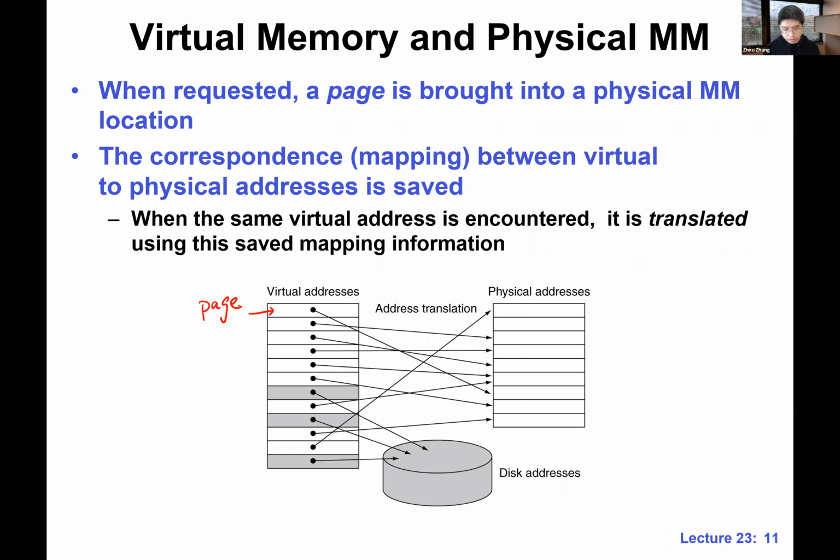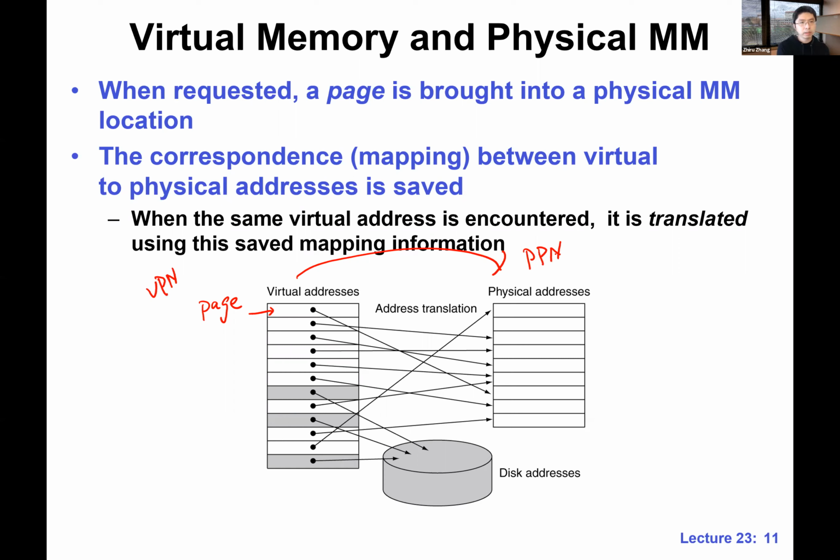Per page, we will need to come up with an address translation scheme, because for each page we have a VPN, a virtual page number. Eventually we need to translate it to the PPN, the physical page number. So how do we come up with that address translation? That's something we need to discuss.